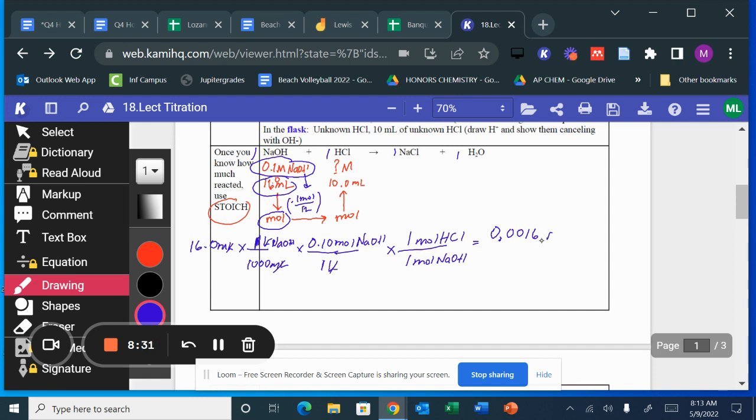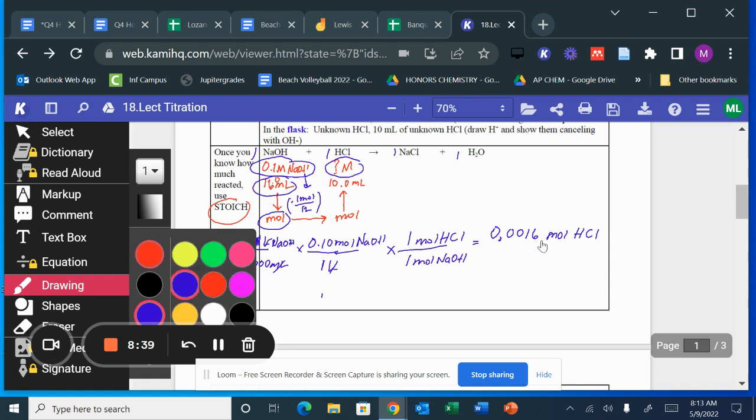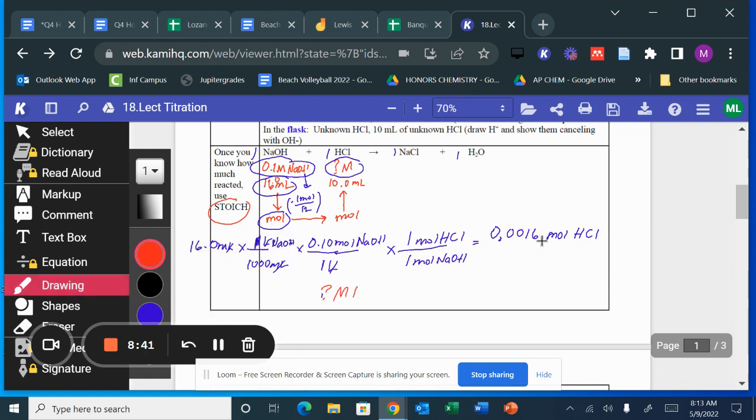0.0016 moles of HCl. Now the question is molarity. What is the molarity of HCl? Well, the molarity is equal to moles of HCl over liters of HCl, right? I know the moles, that will go there, 0.0016 moles.